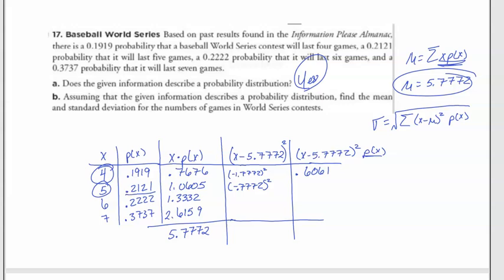So times 0.2121, 0.1281. And the same thing with 6. 6 minus 5.7772, 0.2228. So I'm going to square that in the calculator and multiply it times its probability, which is 0.2222.